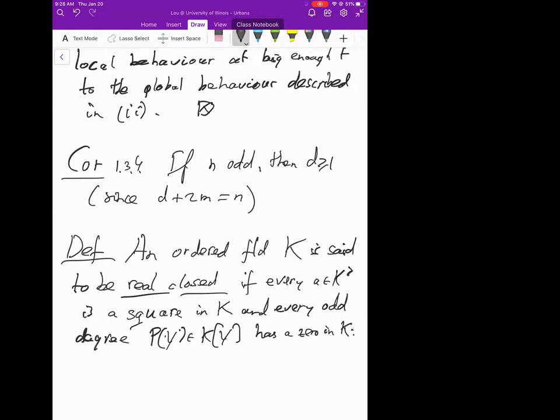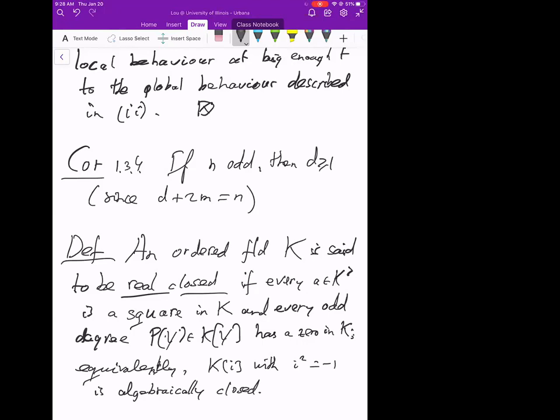Anyway, in some sense that is a moot point, because a real closed field is almost algebraically closed. Equivalently, if I adjoin i, where i squared is -1, you get something that's algebraically closed. So real closed is very close to algebraically closed. You just have to join the square root of -1.